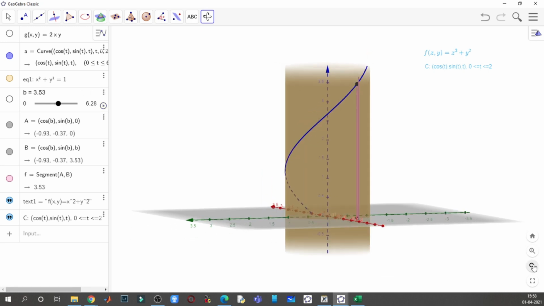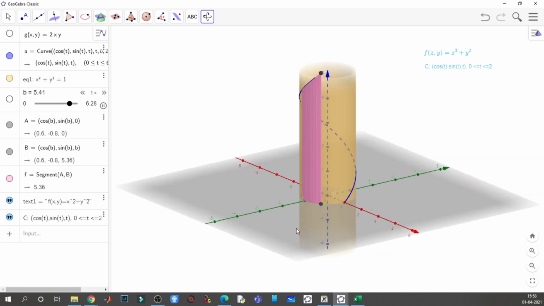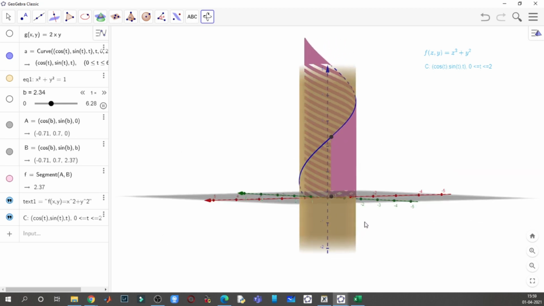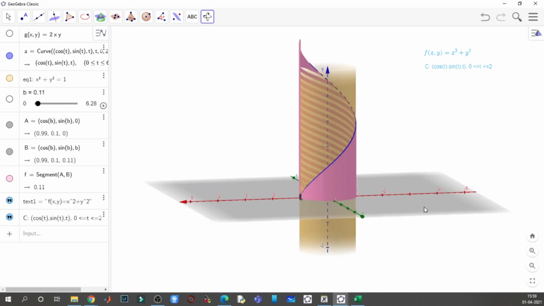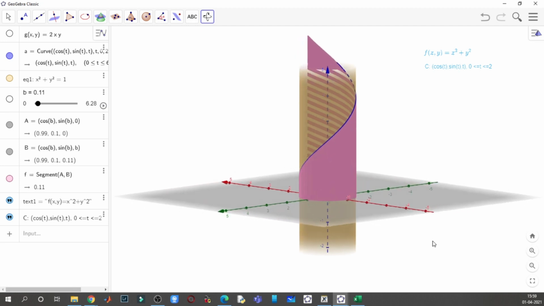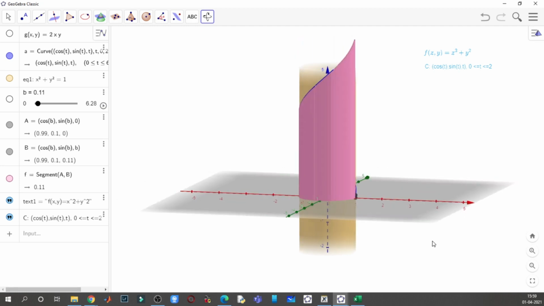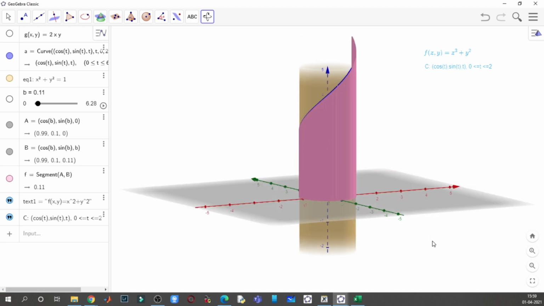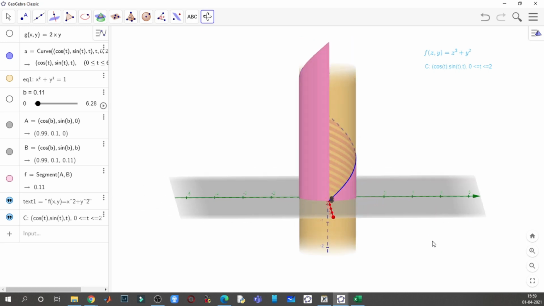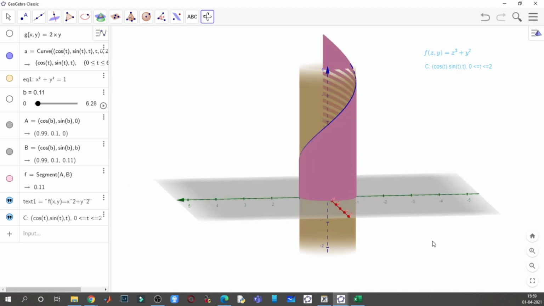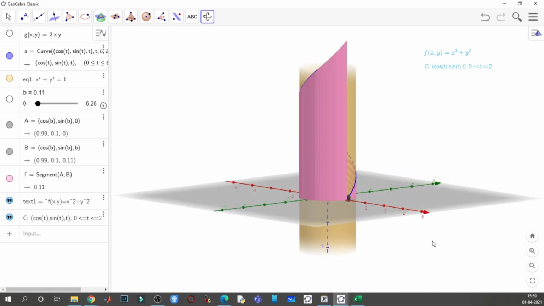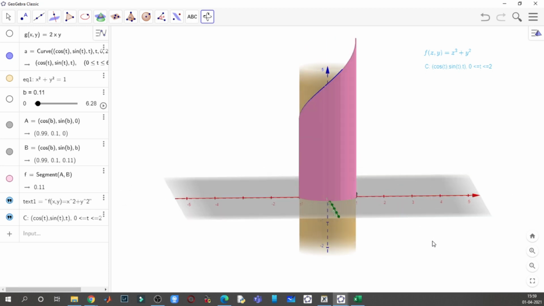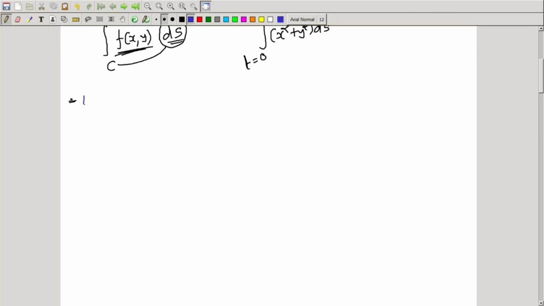See, have you observed this thing? So this pink color shaded portion, right, that is called the line integral of f of xyz with respect to the curve. So if I change my curve, then definitely the shaded portion will be changed and the value is also changed. Right?